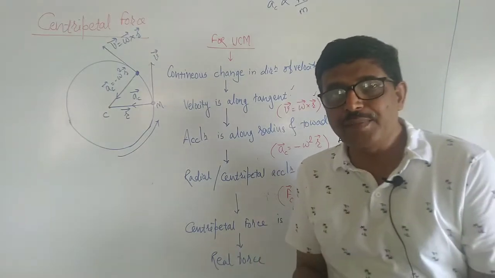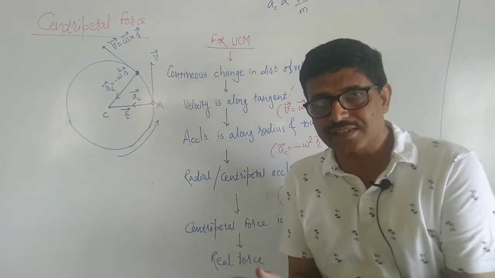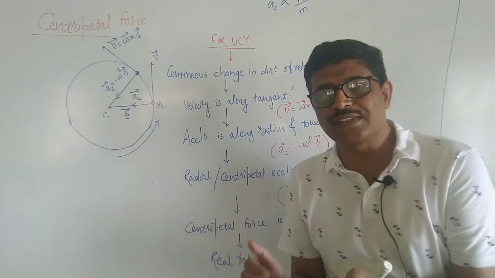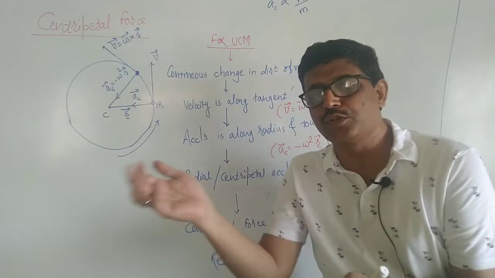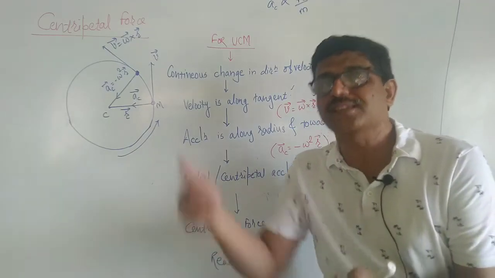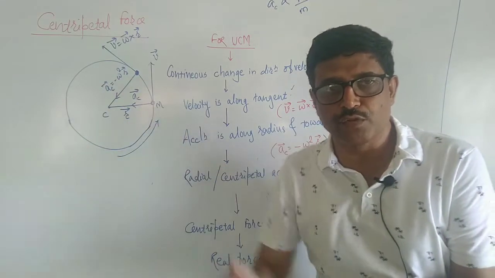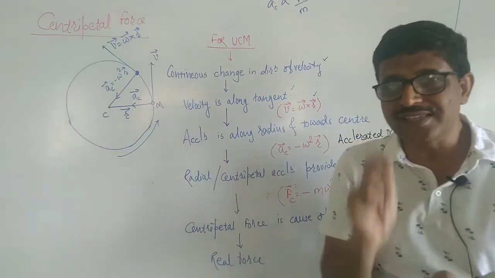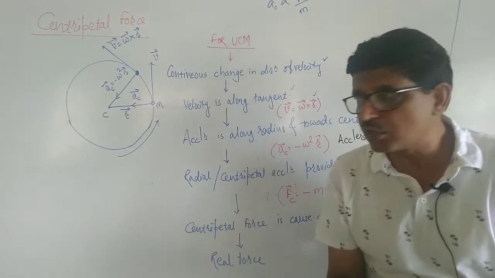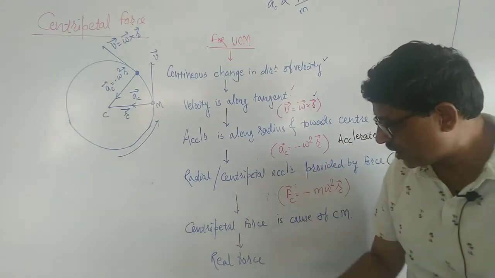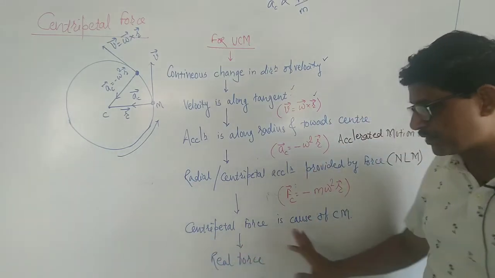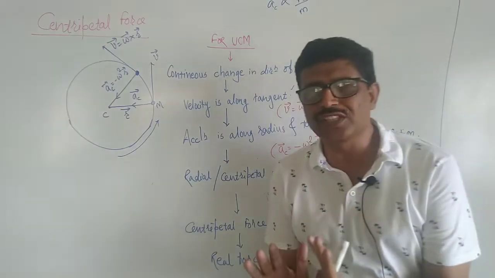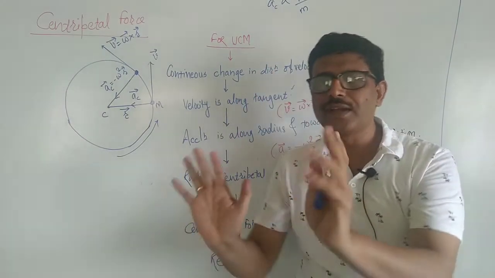This centripetal force is able to provide centripetal acceleration, which is able to change the direction of velocity, which makes a body perform circular motion. Therefore, centripetal force is the cause of circular motion. This is one more thing to be noted.